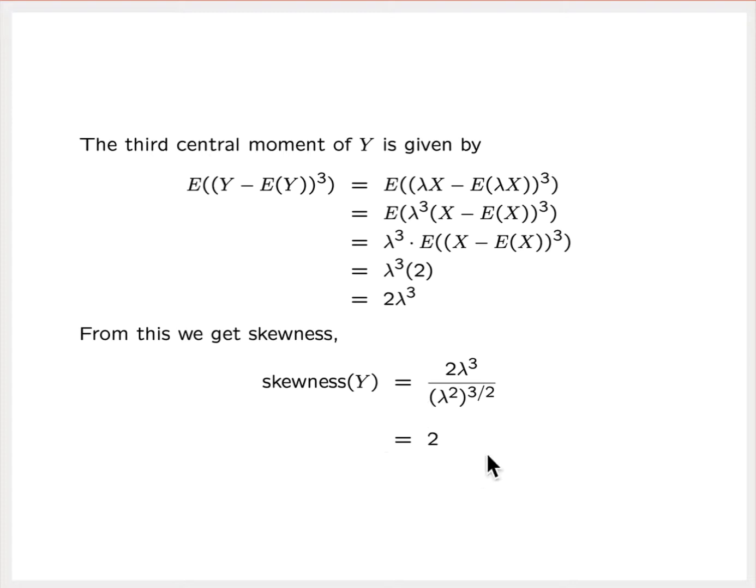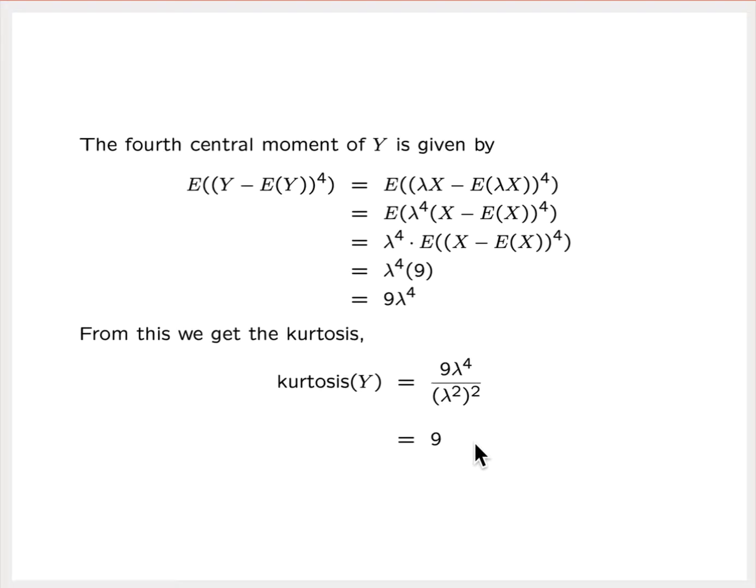Now, because this does not depend on lambda, this tells us that every exponential distribution has a skewness coefficient equal to 2. The kurtosis is equal to 9. Because that does not depend on lambda, this tells us that every exponential distribution has a kurtosis of 9.